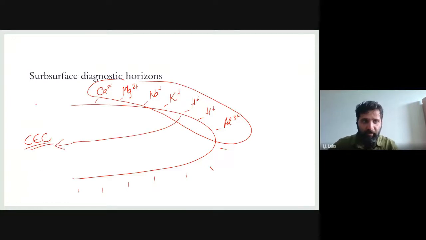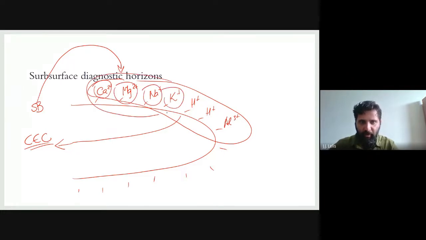It's different from the sum of bases. In the sum of bases, we only include this, this, this, and this. But here we should include everyone because we need to know all the charges, all the quantity of negative charge that we have, okay? So that's why we include hydrogen and aluminum here.